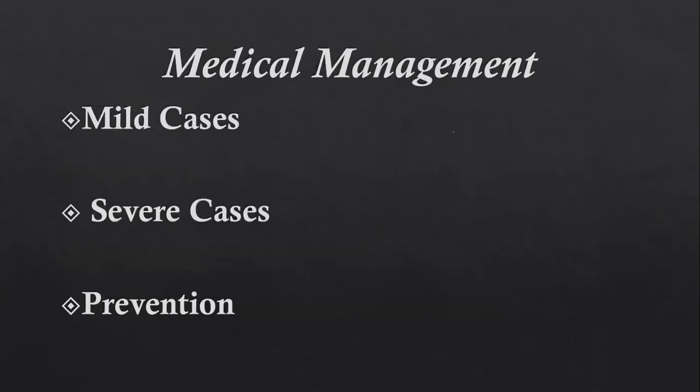Okay. So you got your mild cases, your severe cases, and your prevention. So this is pretty much how you're going to manage the care with these patients. If you got somebody on a mild case of cellulitis, they'll give you some oral antibiotics, and they may tell you to come back in, and they'll take a look at you and make sure everything is clearing up, make sure you're not having any problems. Did you complete your medications? Did you have any problems with that?